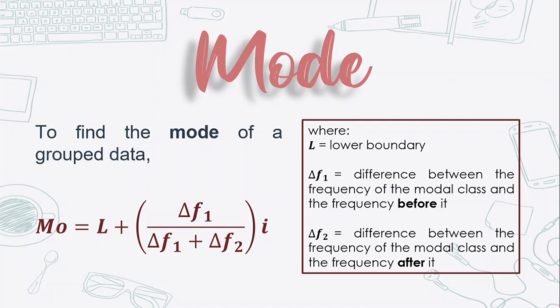Δf1 is the difference between the frequency of the modal class and the frequency before it. Δf2 is the difference between the frequency of the modal class and the frequency after it. And lastly, i is still the class size or the interval. Now let's apply this formula in computing the mode of a given set of group data.